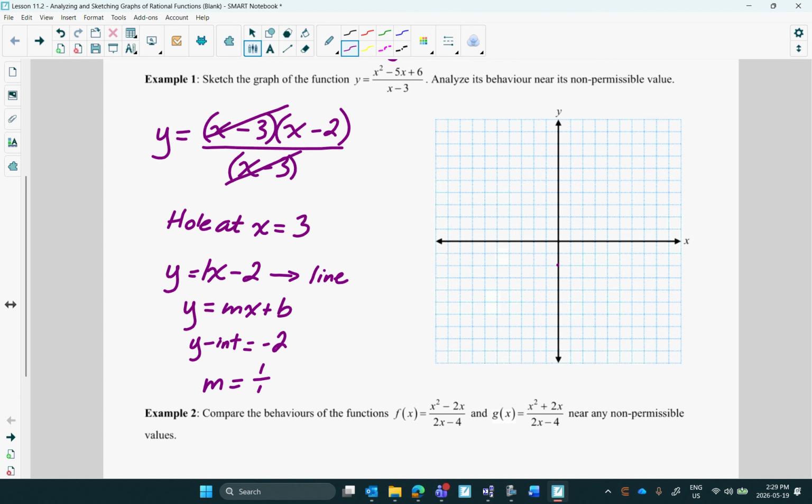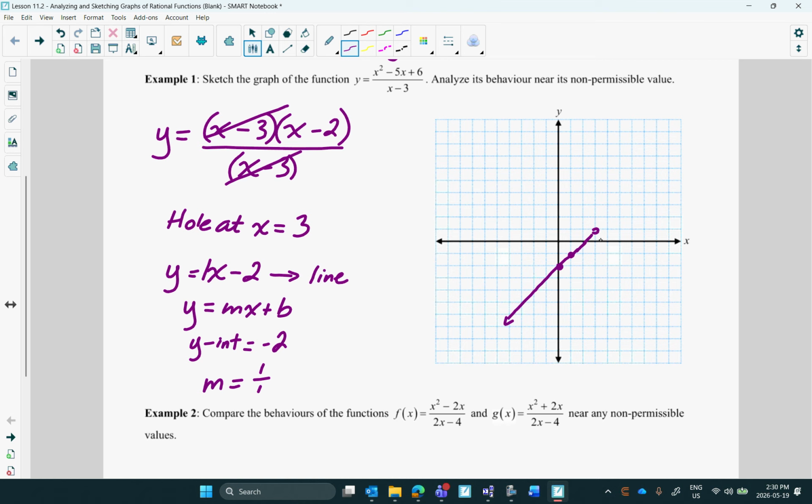So y-intercept is -2. Plot, use the slope to count out the second point. Slope tells me to go up 1, right 1. And my line's going to look like this. But remember, when I hit x equals 3, here's x equals 2, here's where x is going to be 3.